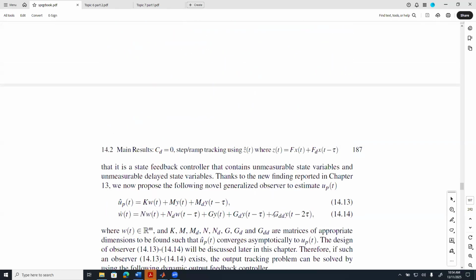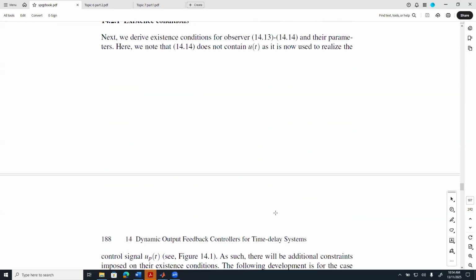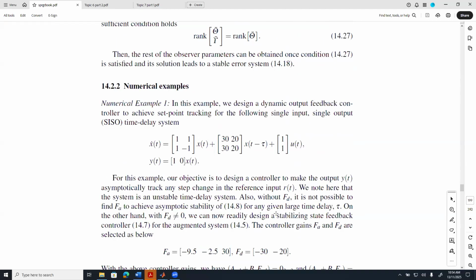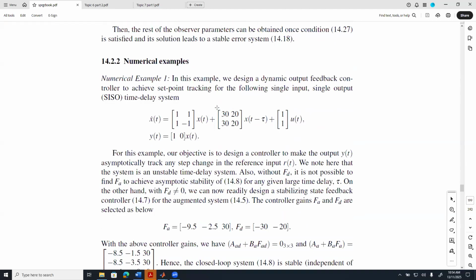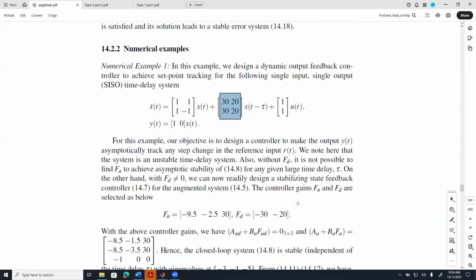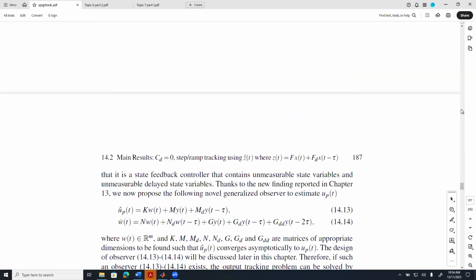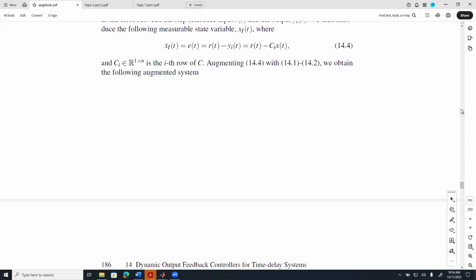Based on that, we design a feedback controller. Now, the good thing about this feedback controller is that we can actually get rid of all of these in the closed loop system. This is because this matrix and this matrix have the same rank, which is the requirement. We stacked it in here.